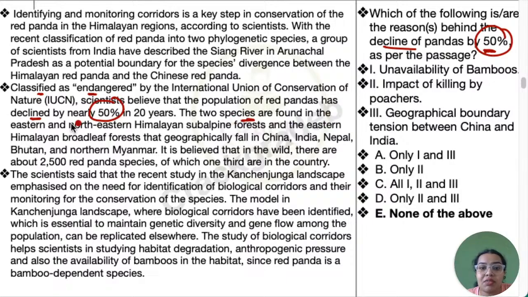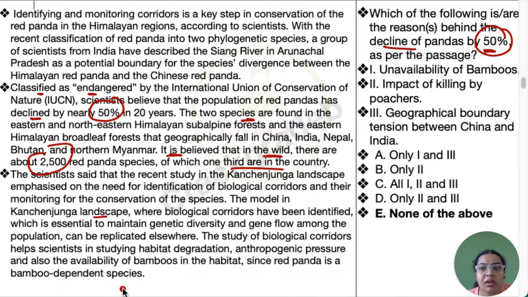Two species are found in eastern, northeastern forest and the other places are there. It is believed that in the wild there are so many pandas and of which one third are in the country. Now again the scientists are saying something about the landscape and all. There is the model in the Kanchenjunga landscape where such places can be identified.